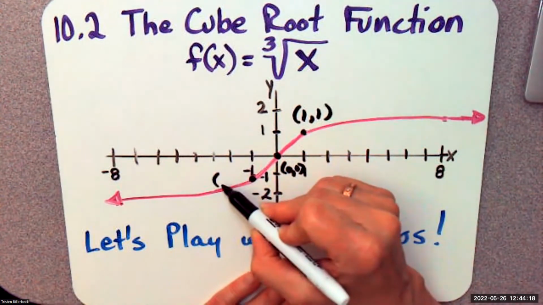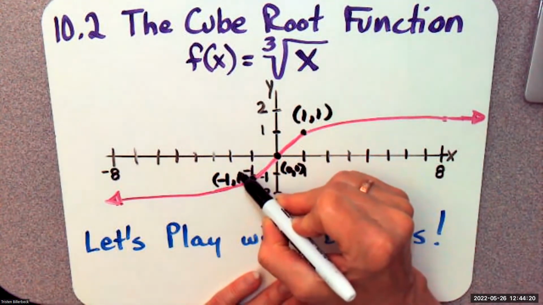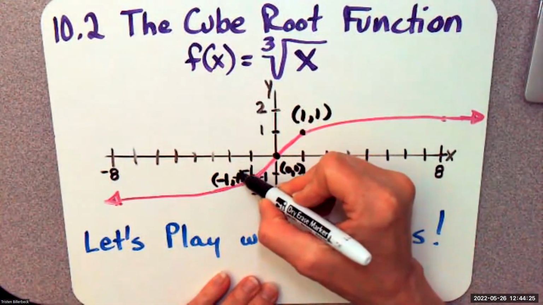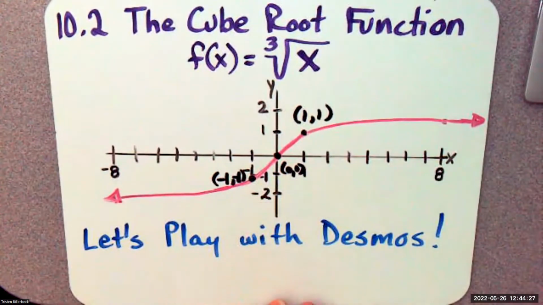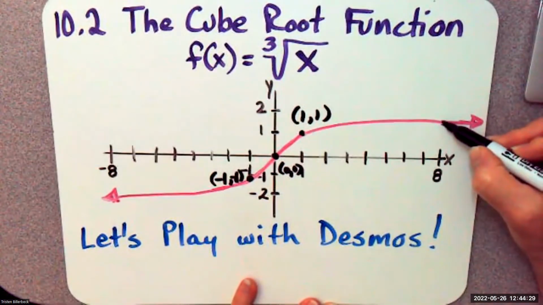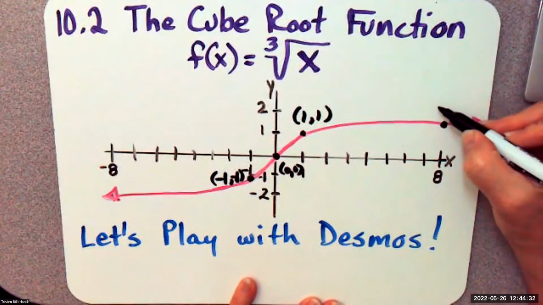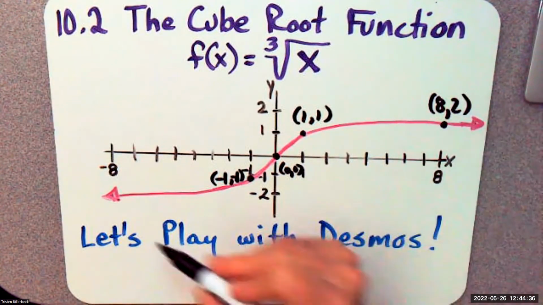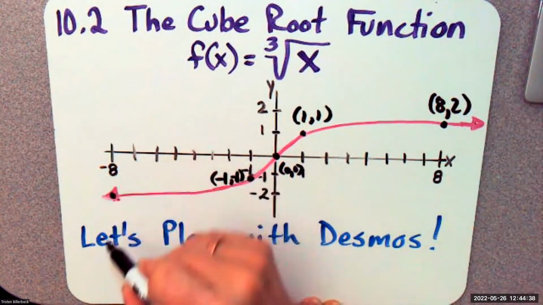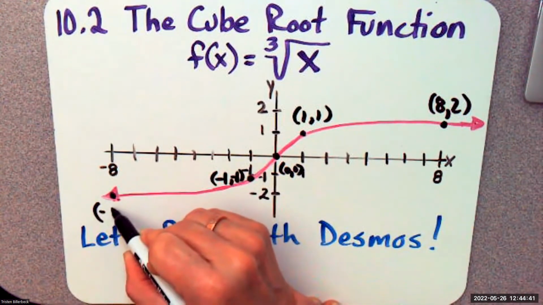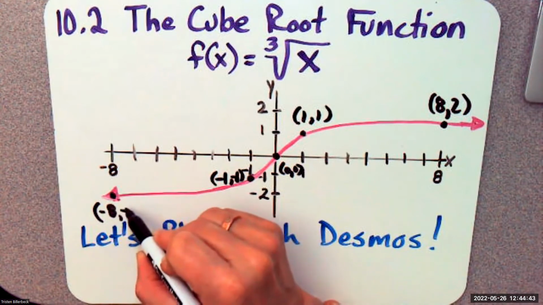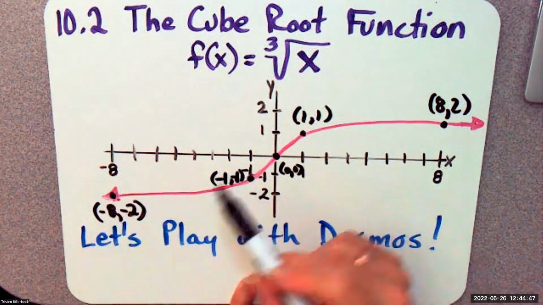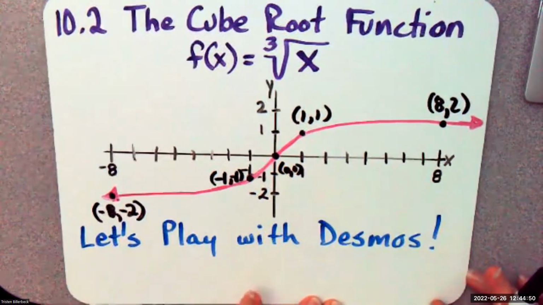We have (-1, -1), excuse me, and then out here, we have (8, 2), but then down here, we have (-8, -2). So the cube root function is a really interesting one, and it makes a beautiful curve.